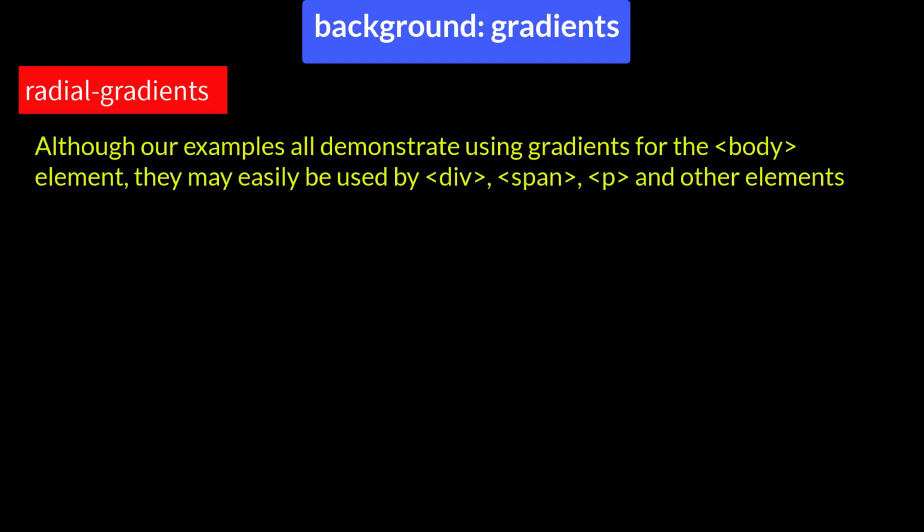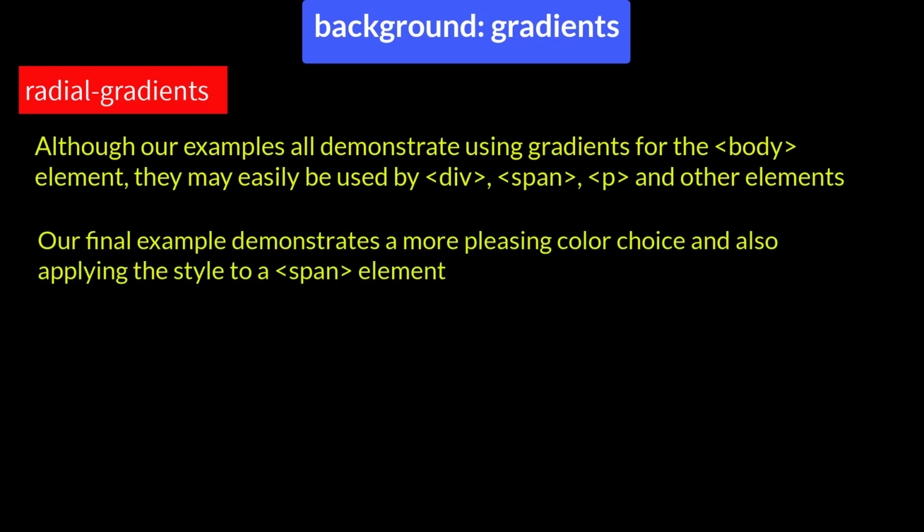Although our examples all demonstrate using gradients for the body element, they may be easily used by div, span, p, and other elements. Our final example demonstrates a more pleasing color choice and also applying the style to a span element.